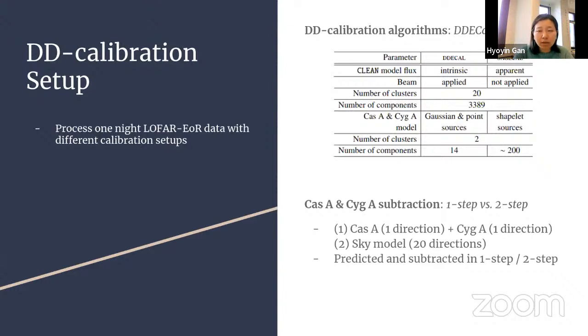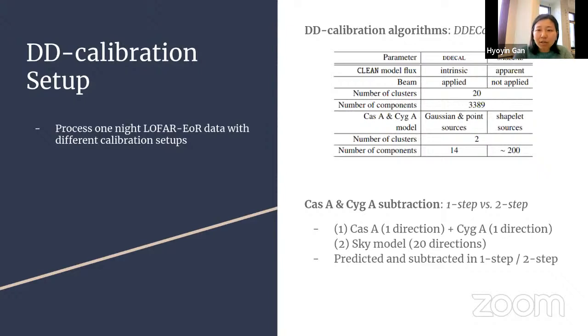However, we have never tried other methods. So here we would like to use another method, which is DDE-cal, also developed for calibrating LOFAR data, to see whether these two independent direction-dependent calibration algorithms produce similar results. There are some differences in their setup.